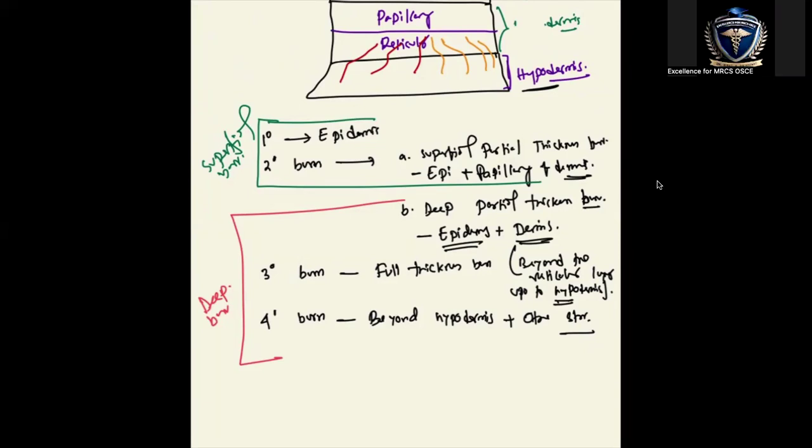Right. Now we'll come to the superficial burn and deep burn. This is the demarcation. This one is superficial and this one is deep burn.